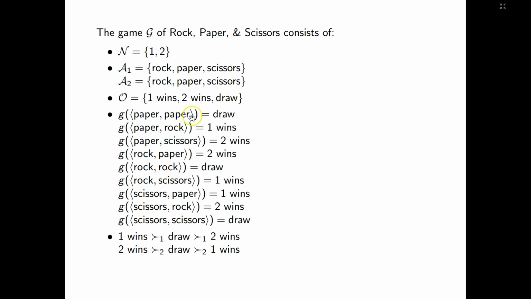And then the g function maps paper, paper to a draw; the circumstance where player 1 plays paper and player 2 plays rock to 1 winning; and where player 1 plays paper and player 2 plays scissors to player 2 winning, and so on. We can see the entire g function laid out here. And then we have preferences for each of our players. Player 1 prefers 1 winning to drawing to 2 winning, and player 2 prefers 2 winning to drawing to 1 winning.